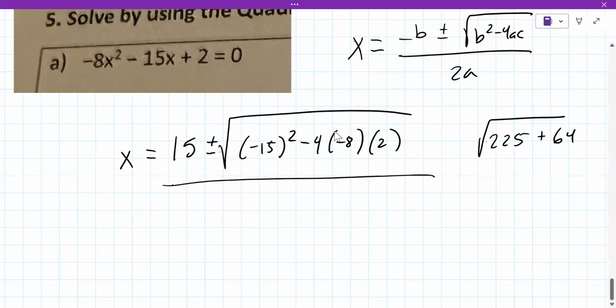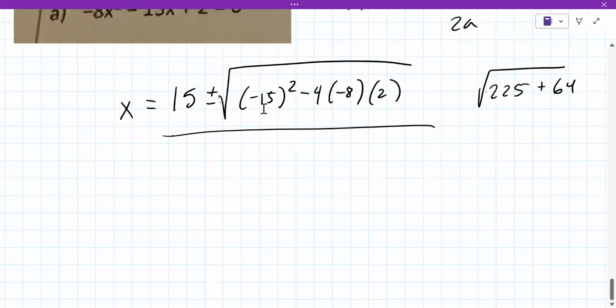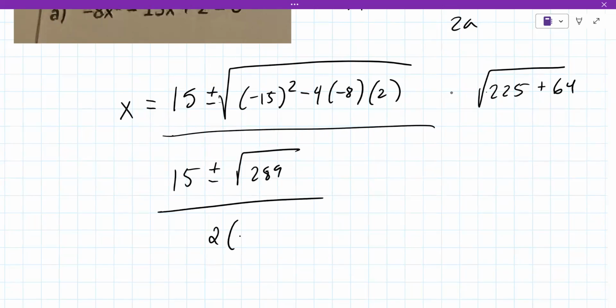So you almost want to combine these signs to know whether you're adding or subtracting and then multiply the numbers. So 15 plus or minus the square root of 15 squared is 225 plus 64, 289. 15 plus or minus the square root of 289 over 2 times negative 8, negative 16. Yes. The square root of 289.